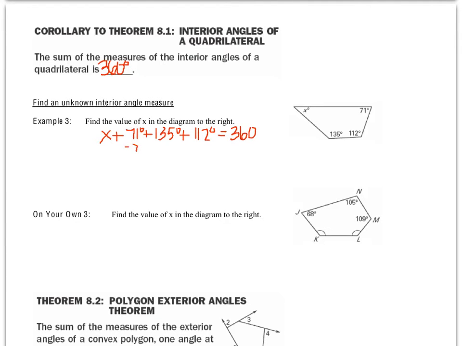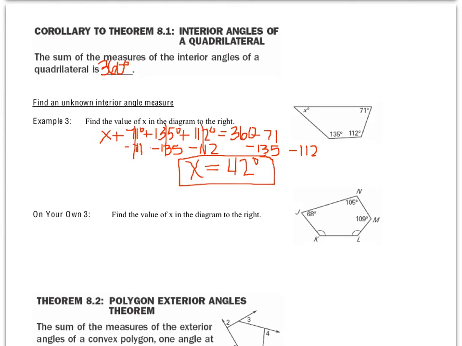So if I subtract all of these, subtract my 71 from both sides, subtract my 135 from both sides, and subtract my 112 from both sides, I'll find that x equals 42 degrees. And that would be my answer.